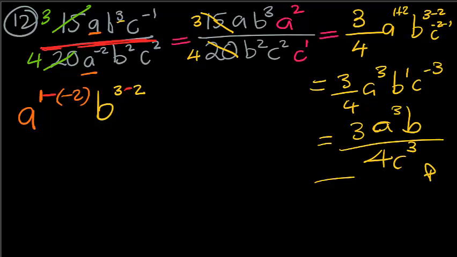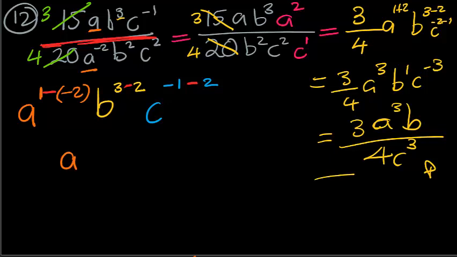And then let's look at our c's. I've got c^-1, minus for the division sign, and then 2 at the bottom. So if I simplify my variables, I have a: 1 minus minus 2 is 1 plus 2, so a^3 as a numerator.